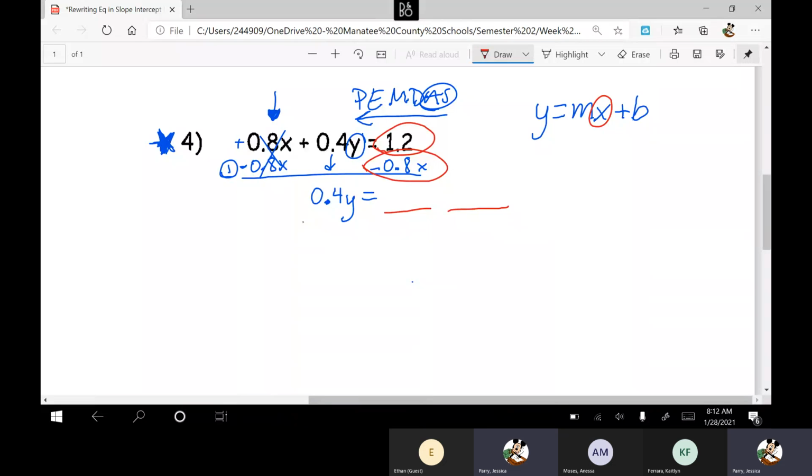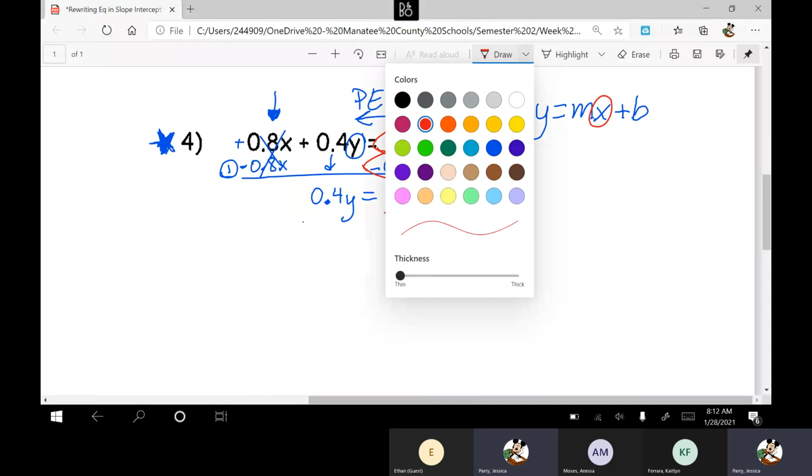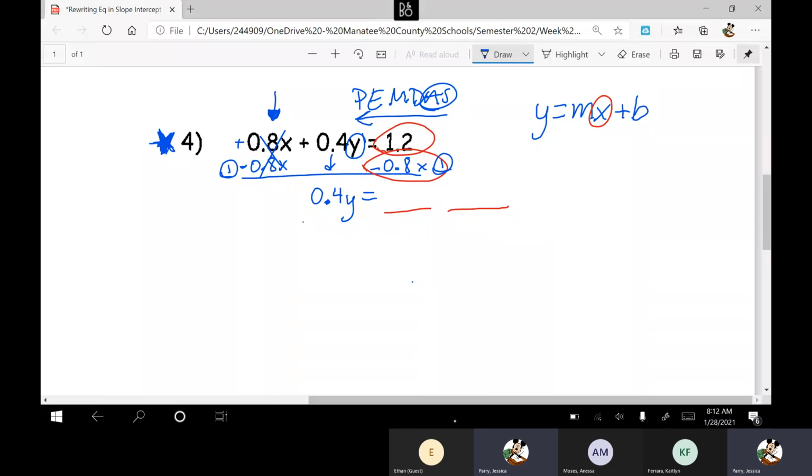Awesome. So the first thing we're going to put is our term with the x, and that is our negative 0.8x. And then we're going to put the 1.2. What can I put in front of the 1.2?